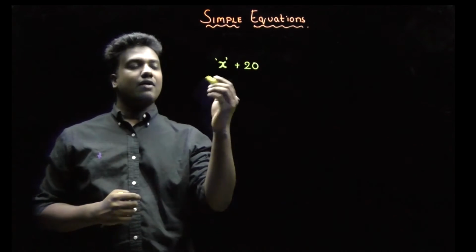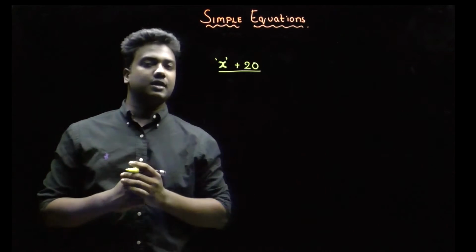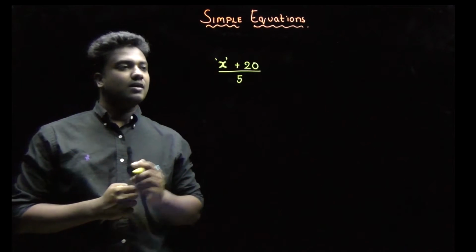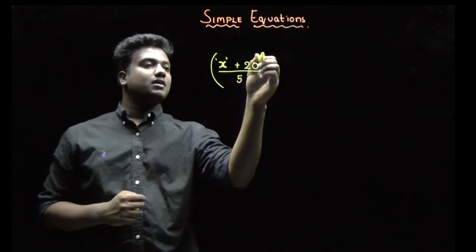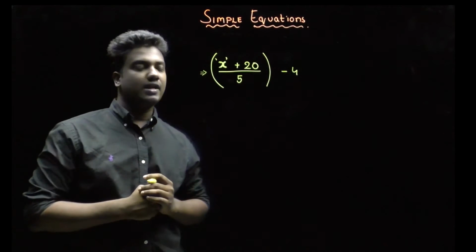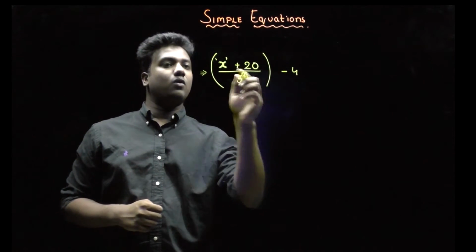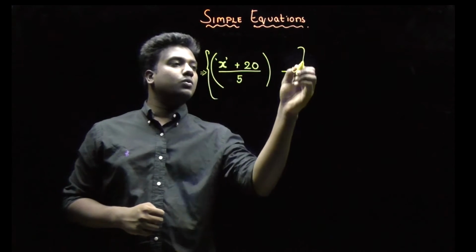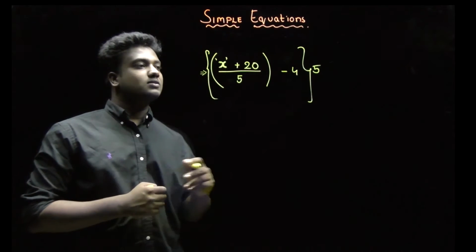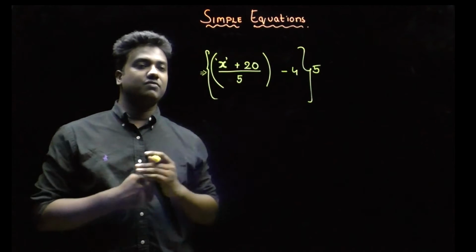Then I said to divide the whole number by 5. After this, we subtracted 4 from the number you got. And after subtracting 4, I said to multiply the whole number by 5. So what number can you get after simplifying this?